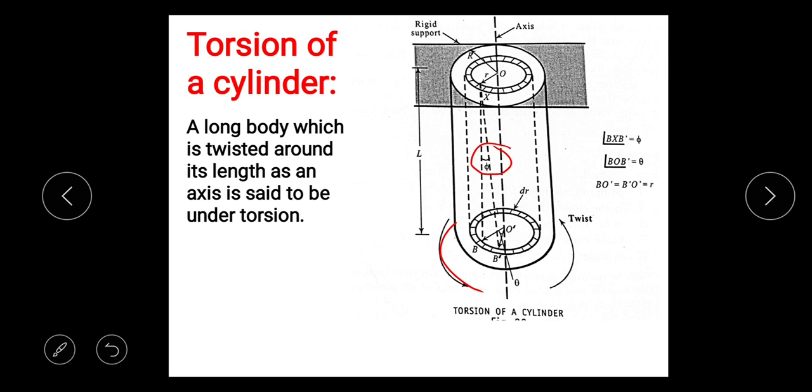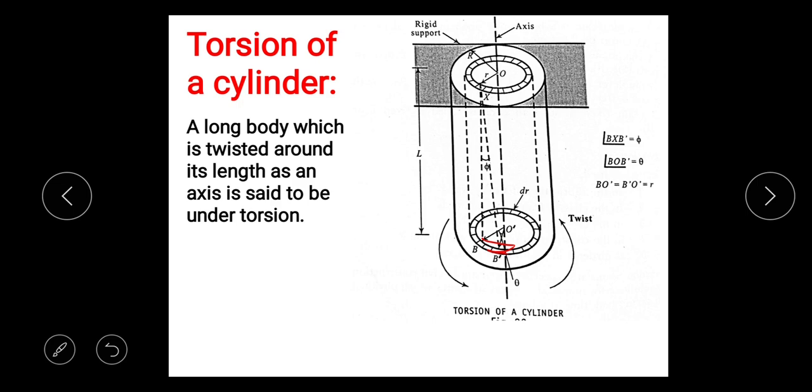Now we have to go for another angle, BO dash B dash. Here another angle is there, that angle is theta. So we have two angles here. While the cylindrical rod is twisted, one angle is phi, another angle is theta. And here BB dash is called the arc length.